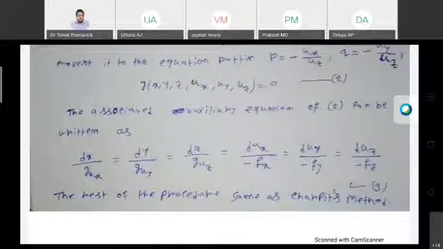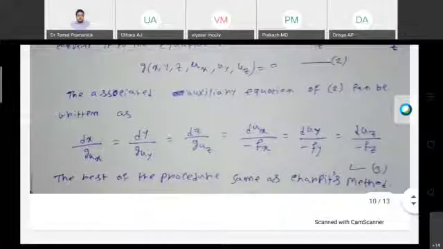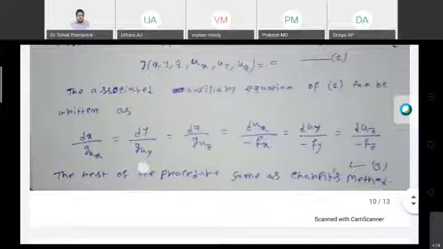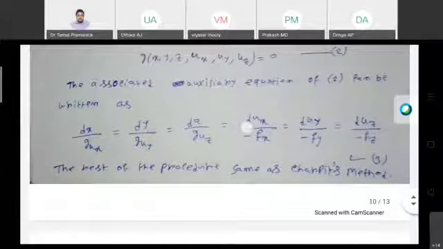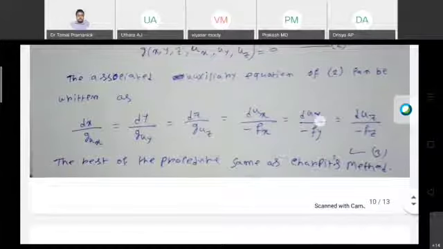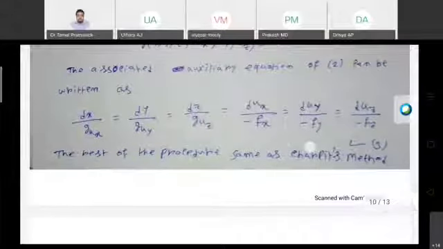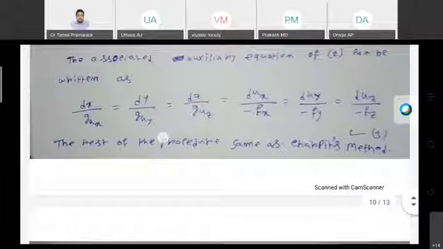Then your auxiliary equation is dx by gux, dy by guy, du by minus gx, duy by minus gy, duz by minus gz.